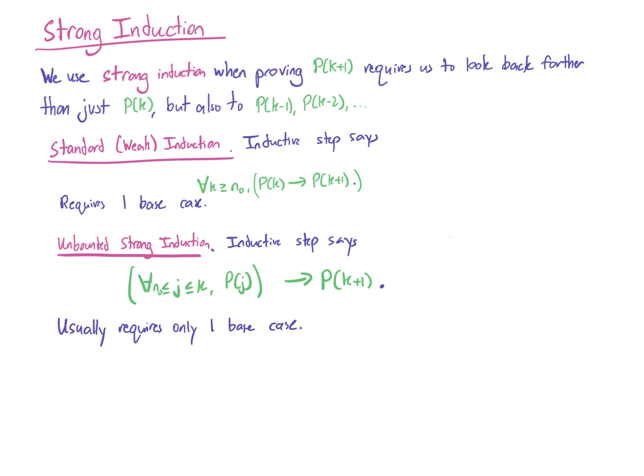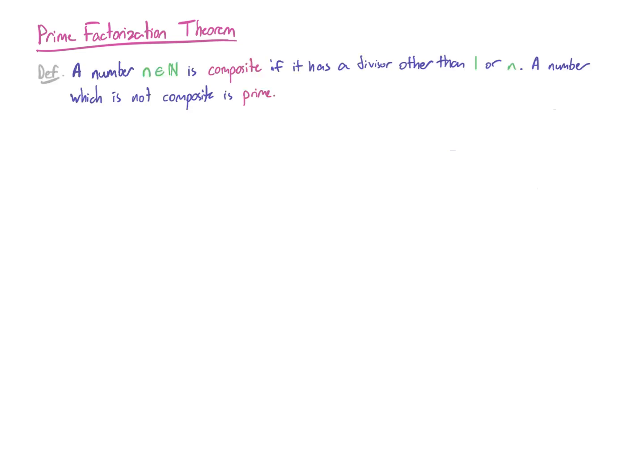So let's do an example. In this video, we are going to use strong induction in its unbounded form to prove a version of the prime factorization theorem. Here is a reminder.